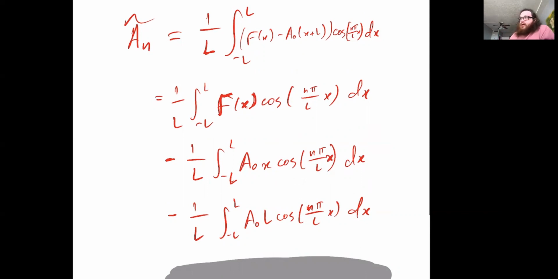So if you integrate these over the entire interval from negative L to L, you're actually going to get 0. That's the quick description. If you go through the process, integration by parts, computing things, you're also going to get 0. But okay, so this thing is 0.